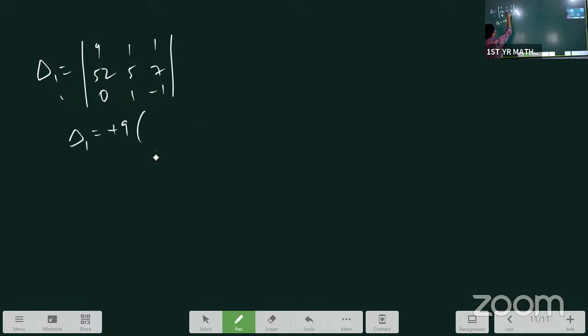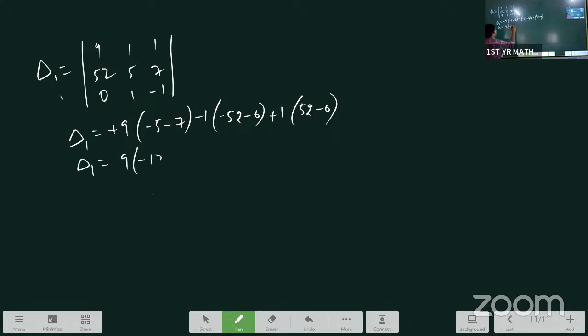Plus 9 into, it is minus 5 minus 7. Minus 1 into minus 52 minus 0. Next, plus 1 into 52 minus 0. Is it clear? So delta 1 is 9 into minus 12, minus 1 into minus 52, and this is 0.